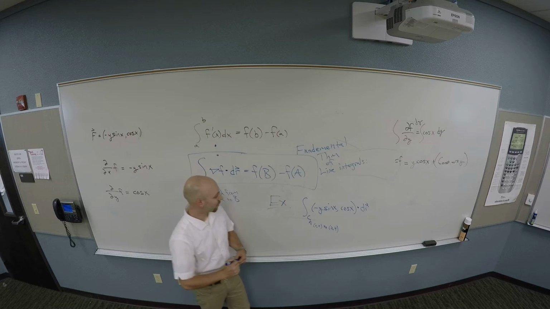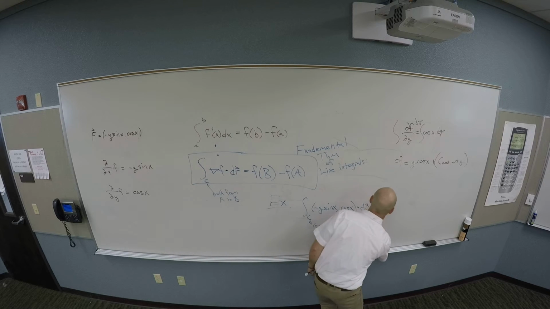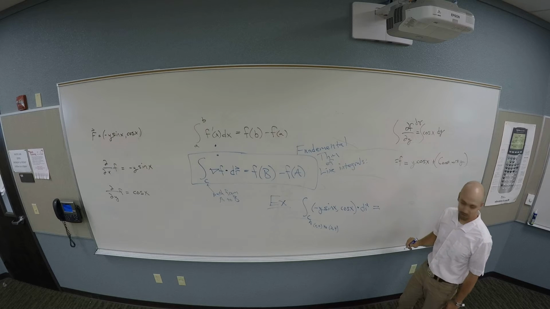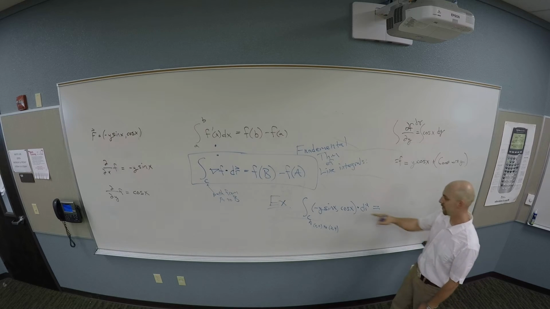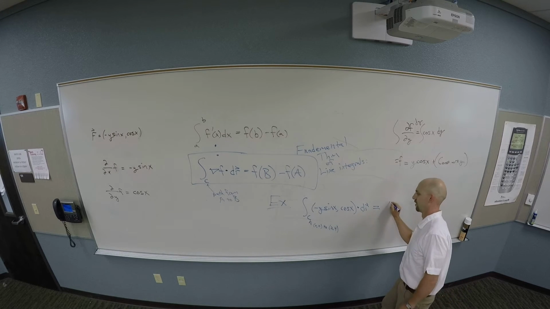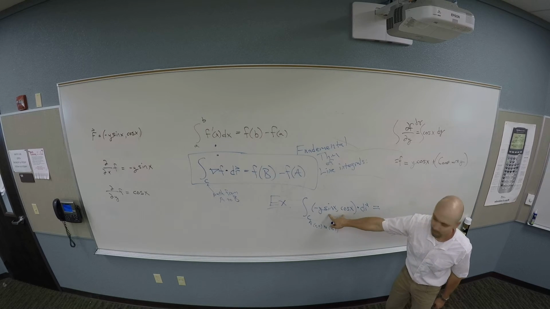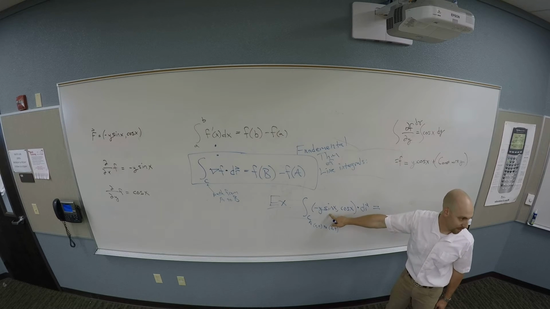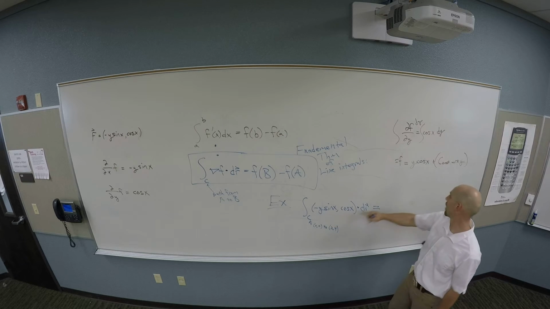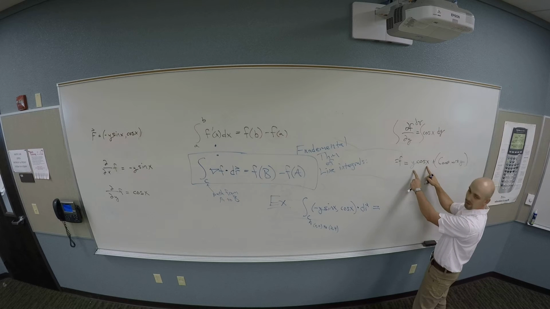Because by the fundamental theorem of line integrals, this thing is a gradient, so I find its antiderivative. The thing it's the gradient of is y cosine x.